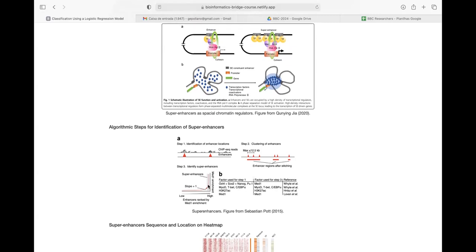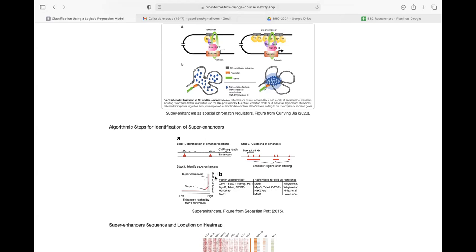And then we can use a threshold number to calculate the amount of enrichment for the binding of the transcription factor to the genomic region. And with that, we can establish a threshold where we are going to be able to identify the super enhancers.